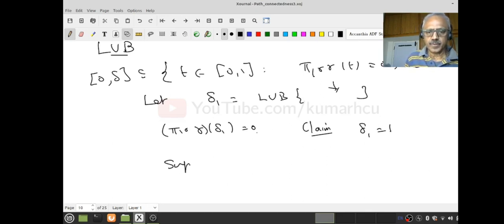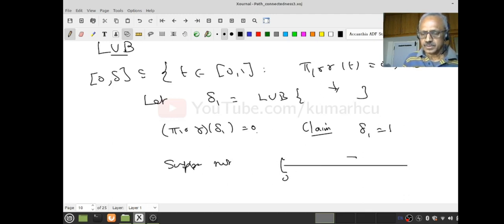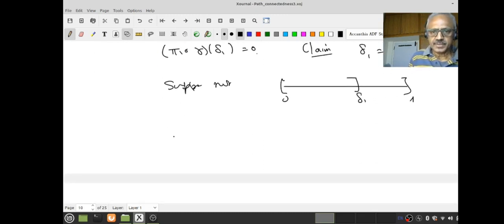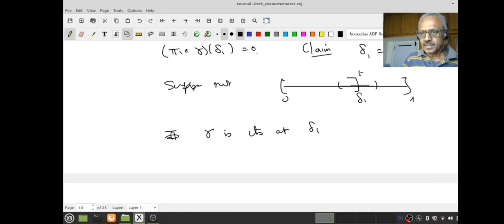Suppose not. So this is my 0, this is my δ₁, this is my 1, right? Then use the same argument. Since γ is continuous at δ₁, I can find a small neighborhood around this which is contained in [0, 1], on which for every t here my π₁ composite γ of t is again 0.